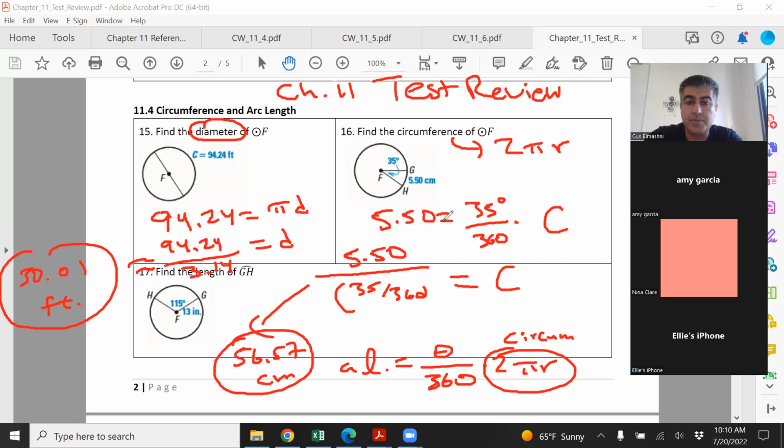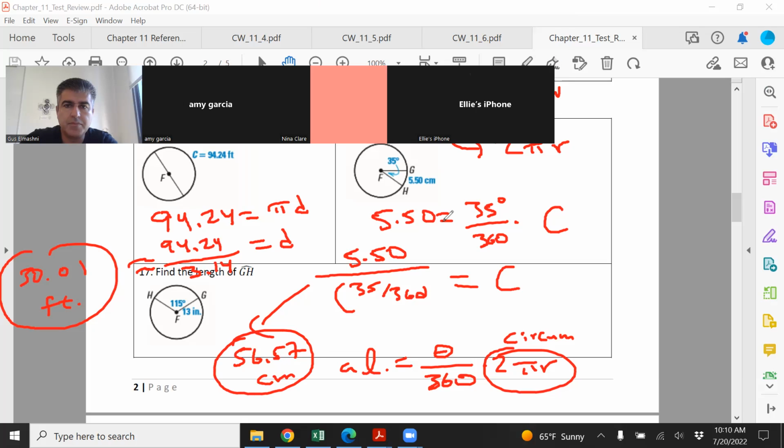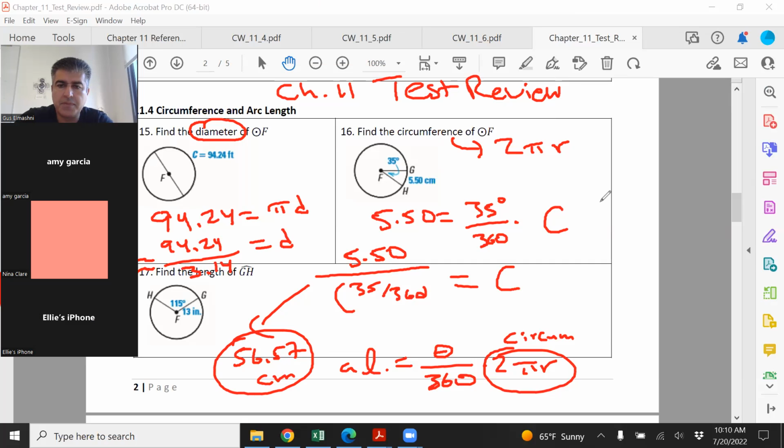Could also have done this too: 5.5 over the circumference equals 35 over 360. That could have been fine too, because it's all proportional reasoning, right?